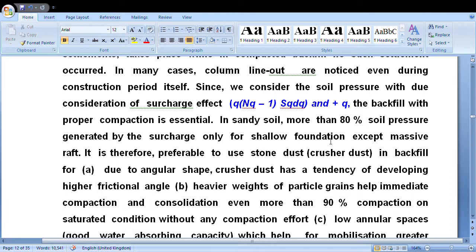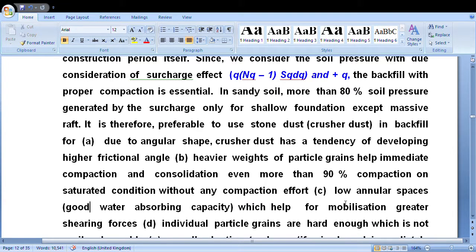Number two, crusher stone dust particles are much heavier than clay particles, silt particles or sand particles, which helps immediate compaction and consolidation, and more than 90% compaction too.